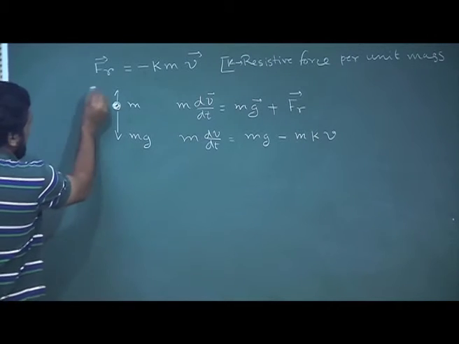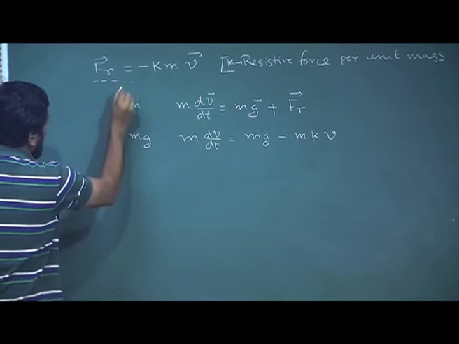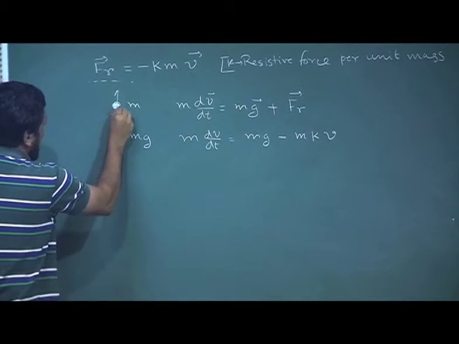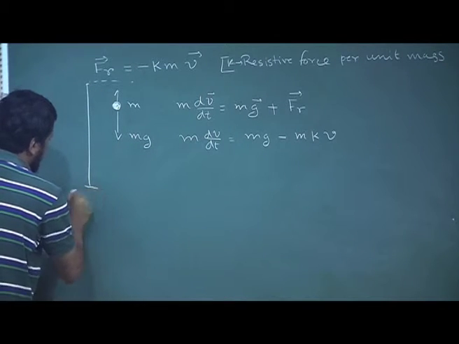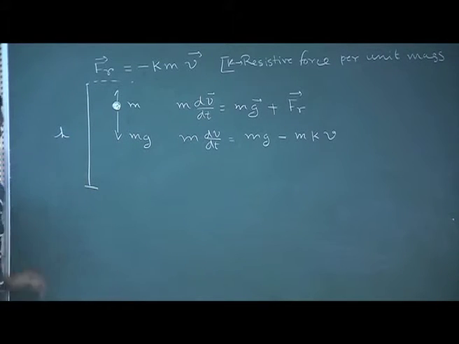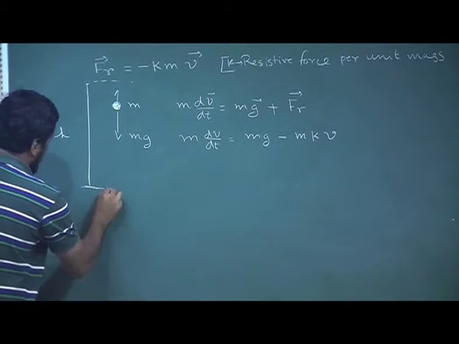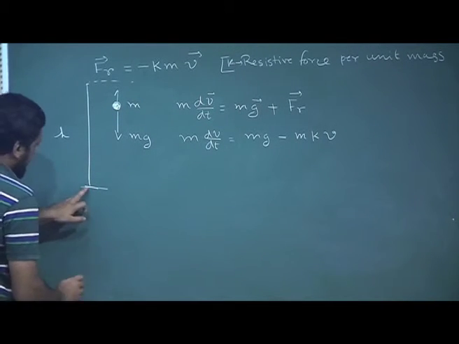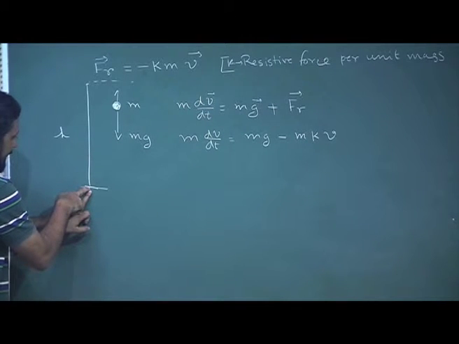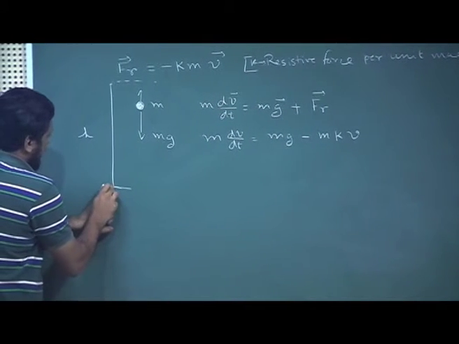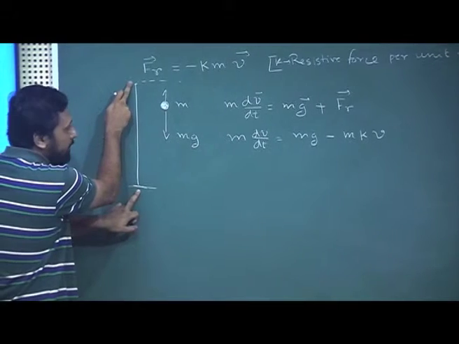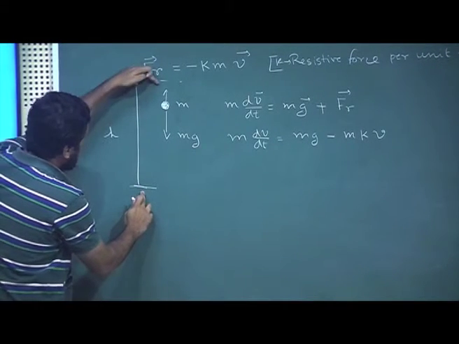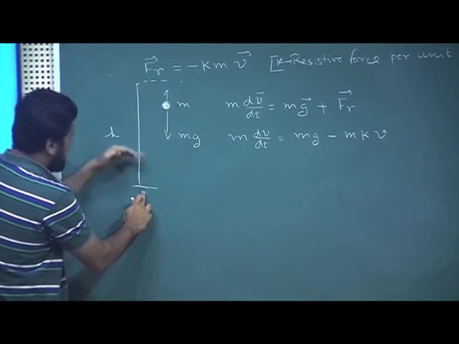Please understand that here the origin is chosen at the point where this mass has started. Let us say it started at a height h from the ground. We are not calculating h here, but just to give you an idea: if you choose your origin at the ground, then h will be positive in this direction, and as the mass falls, h will be decreasing.